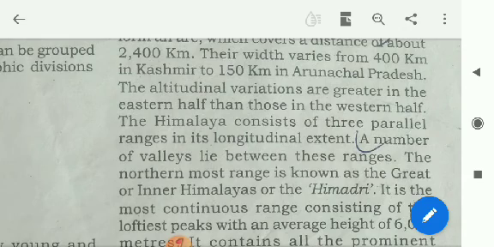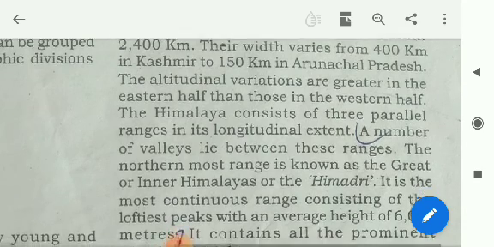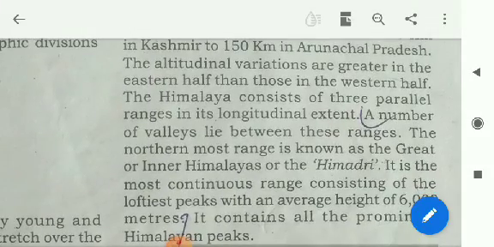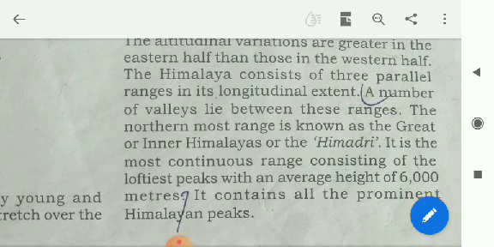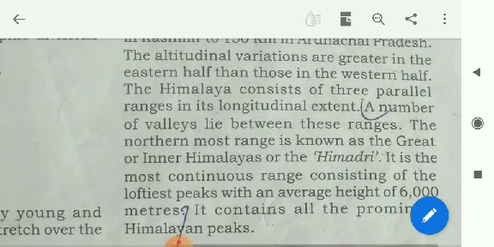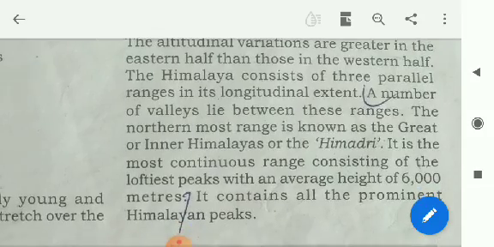Their width varies from 400 kilometers in Kashmir to 150 kilometers in Arunachal Pradesh. The altitudinal variations are greater in the eastern half than those in the western half.